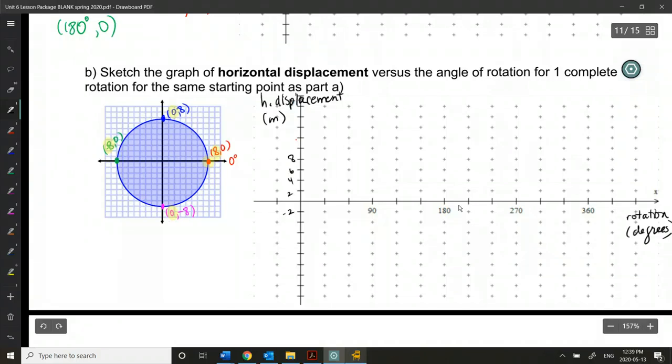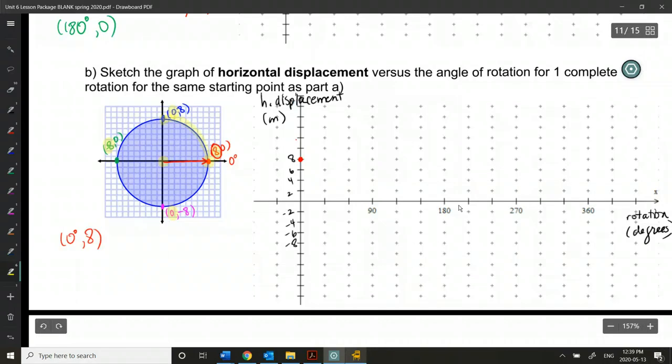It's going to go between -8 and +8 because my radius is the same. All right, so at 0 degrees, horizontally, where am I in relation to this center right here? Well, horizontally, I'm actually 8 units to the right of the center. So I'm at a horizontal displacement of 8 units. So I'm going to graph a point at 0 degrees, 8 meters.